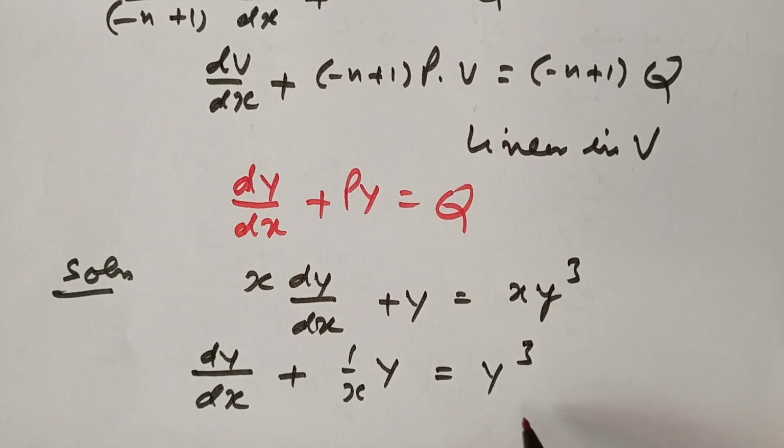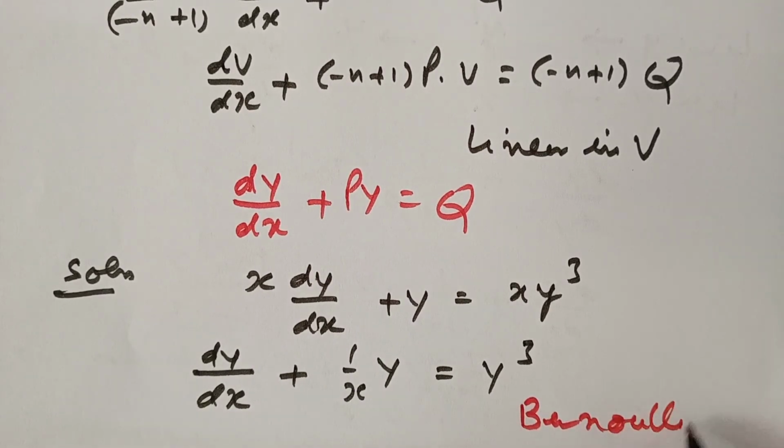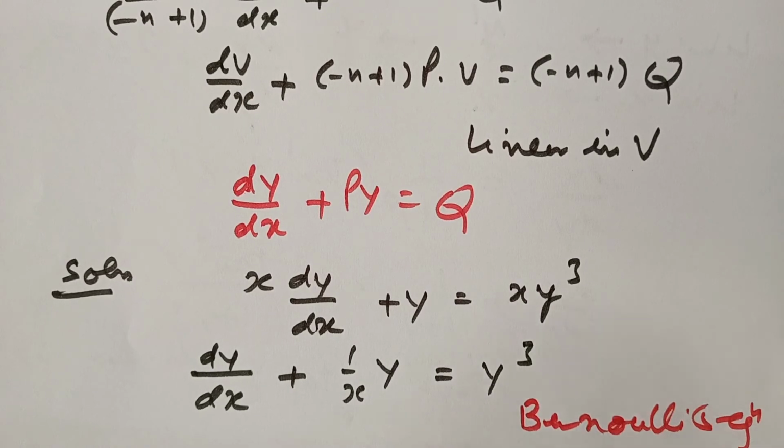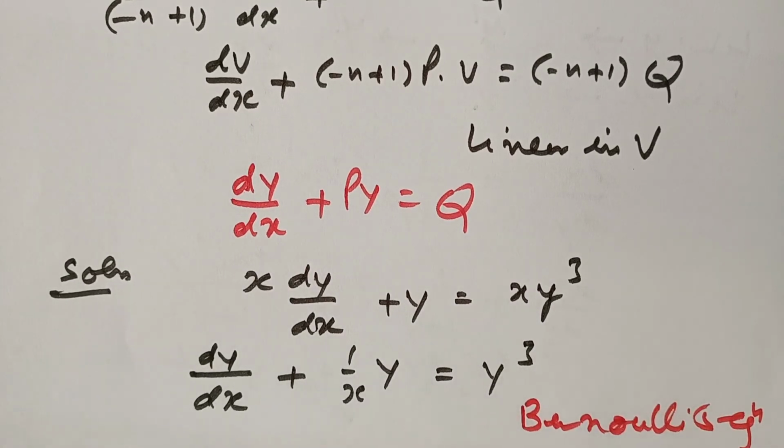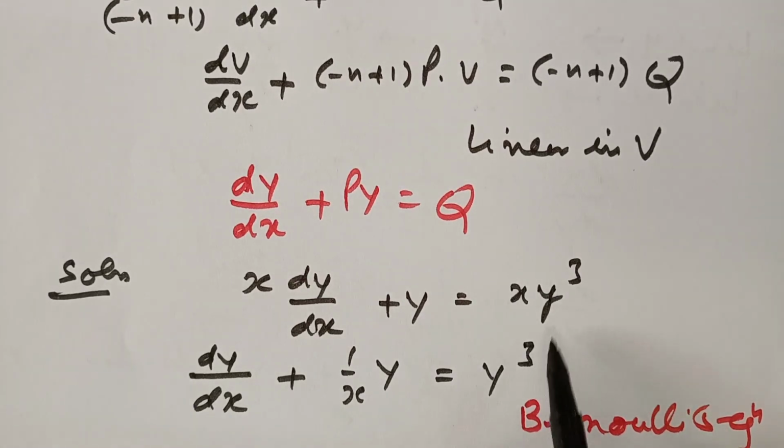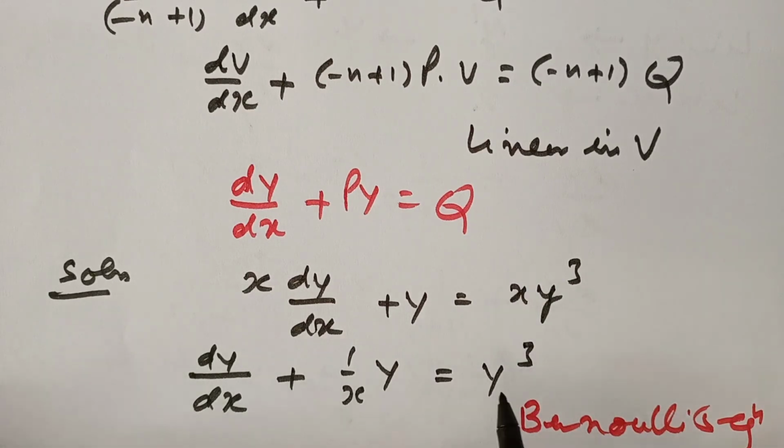So first we write here the Bernoulli equation. In a Bernoulli equation, our first step is to divide by the coefficient of q, that is y cube. So now here q is 1 and y to the power 3.